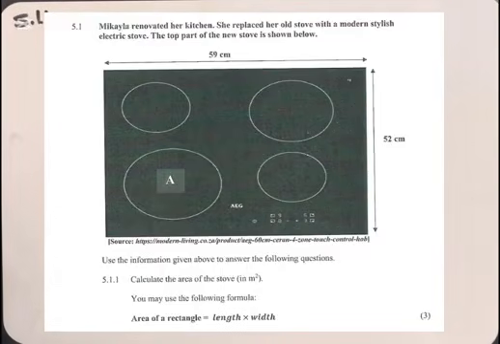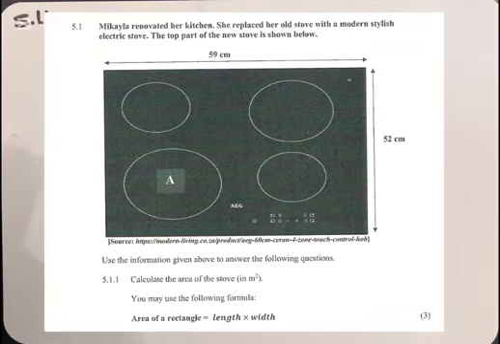Question 5. This is our last question. It says, Michaela renovated her kitchen. She replaced her old stove with a modern stylish electricity stove. The top part of the new stove is shown below.